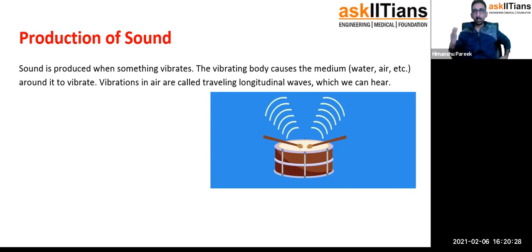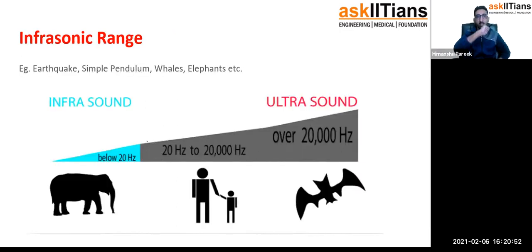Like here you can see this drum. This drum, that membrane, will be vibrating, and then it will make the medium particles vibrate too, and those compressions and rarefactions will travel further. That's how the sound wave is produced. I guess we had a very long discussion about it in the previous class, so you should watch that if you haven't.